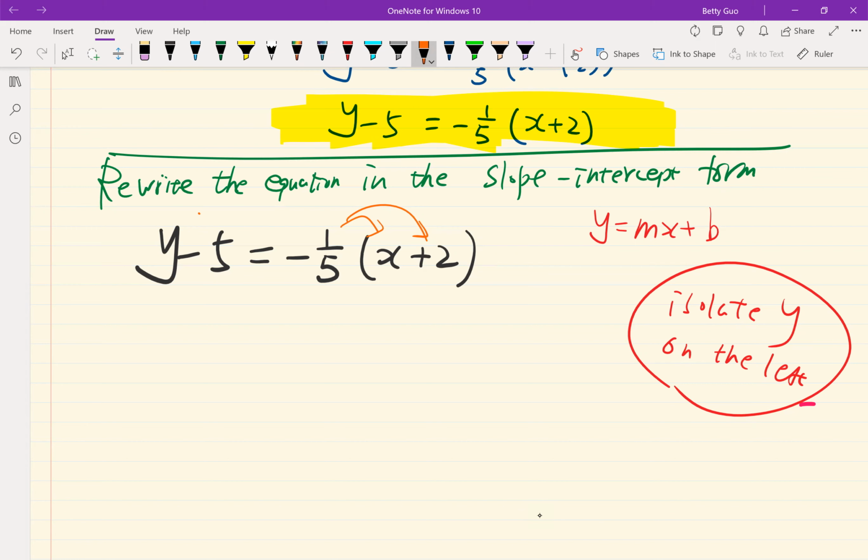How do you multiply two numbers? Y is a fraction. 2 is 2 over 1, right? This is a negative, right? Minus. Okay.